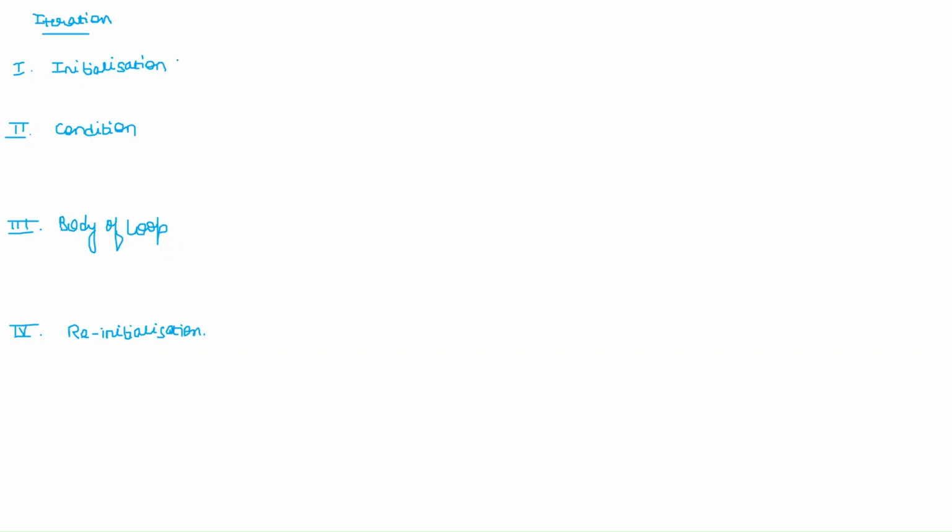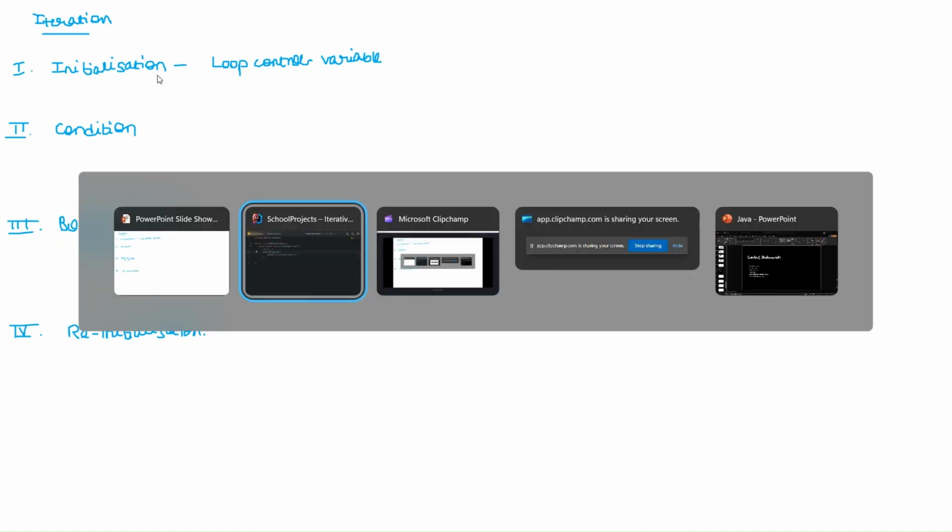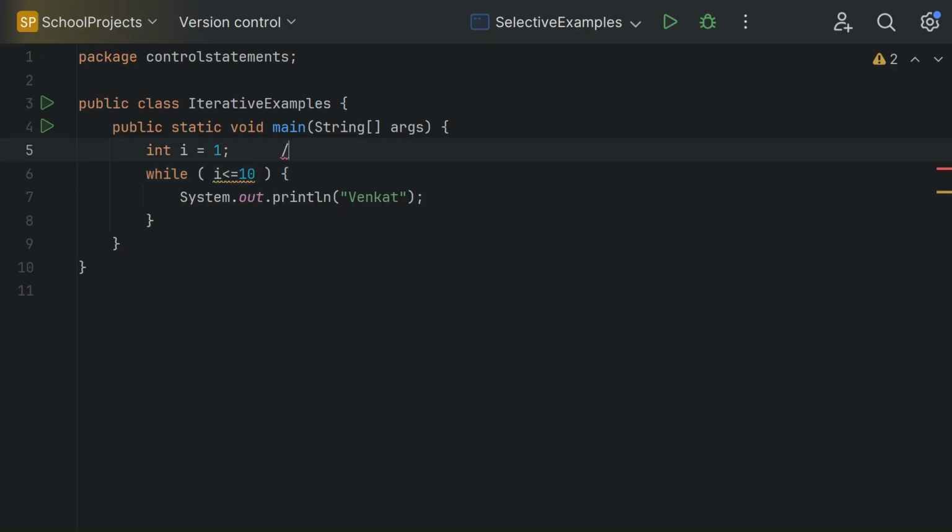Now, initialization is basically a statement or a block of statements which defines the loop control variable, a variable that is responsible for controlling the loop. This is the portion that we have covered here. So this portion we term as initialization.